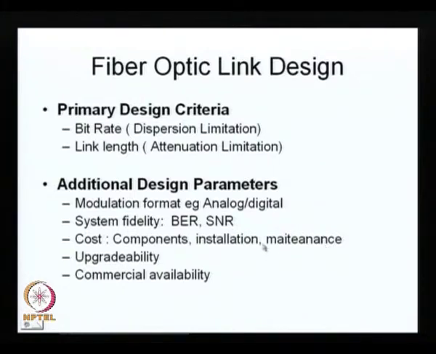Also, when we talk about the maintenance of an optical communication link, typically we expect that at least the optical fiber, which is the passive component of the link, should last for 20 to 25 years. And that is the reason we incur substantial cost into this, because the time scale which we are talking about is quite large.